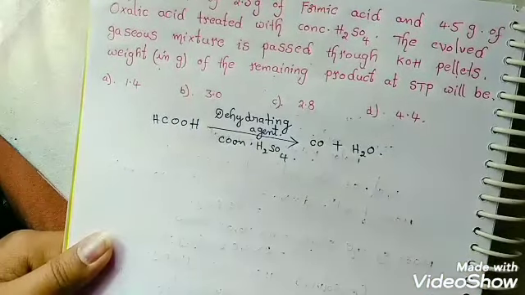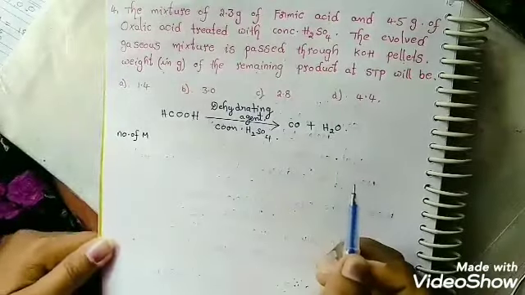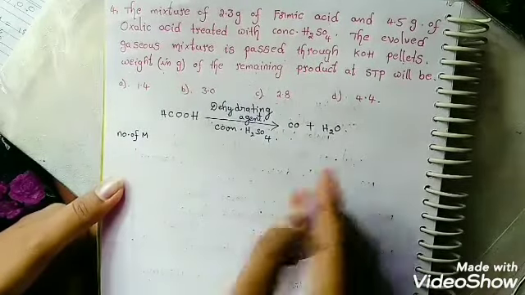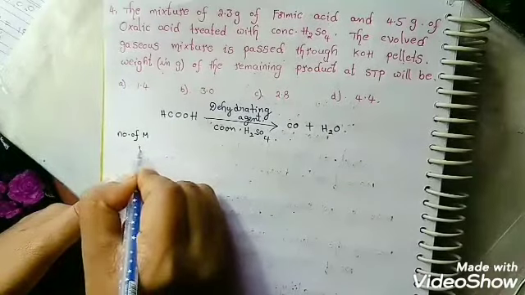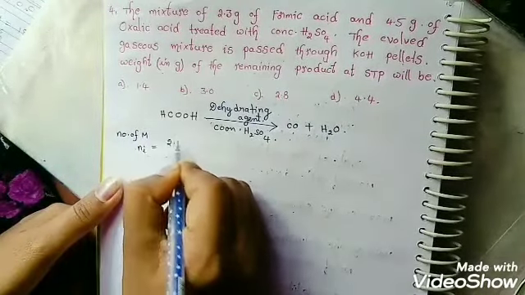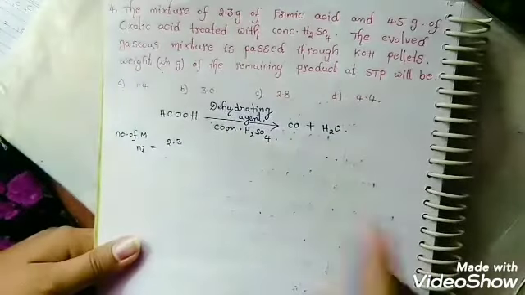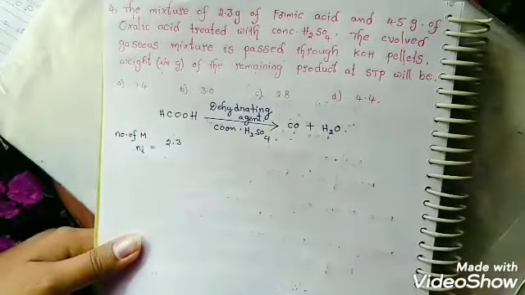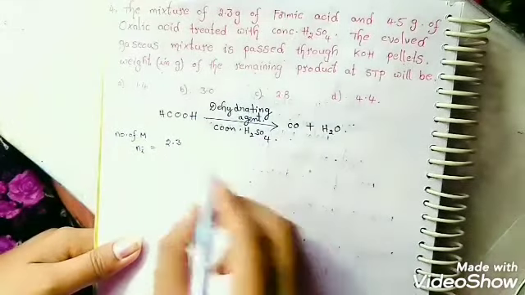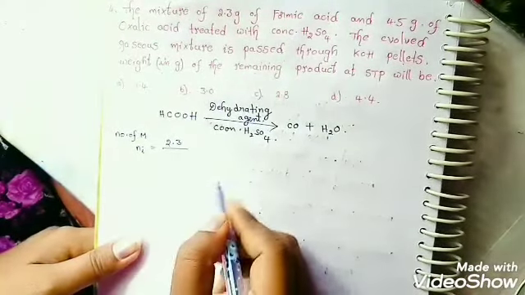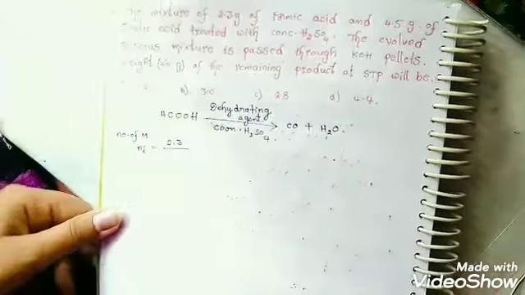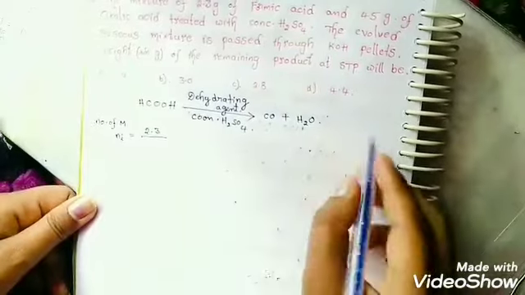Then the initial moles. What they have given in the question, we need to take as initial moles, that is Ni, equal to 2.3 grams of formic acid, which they have given in the question already. Then 2.3 by, here students you need to calculate the molecular mass of formic acid.